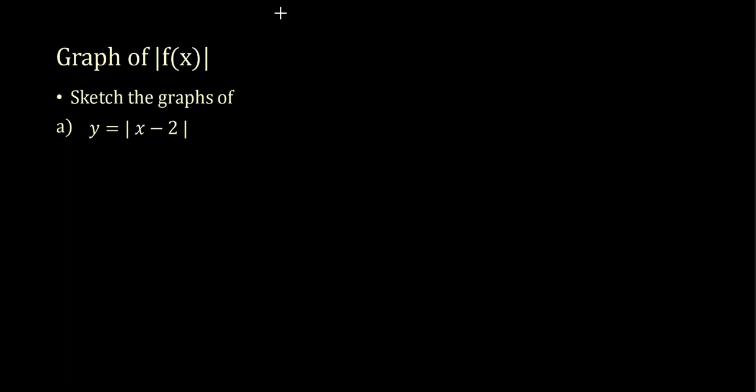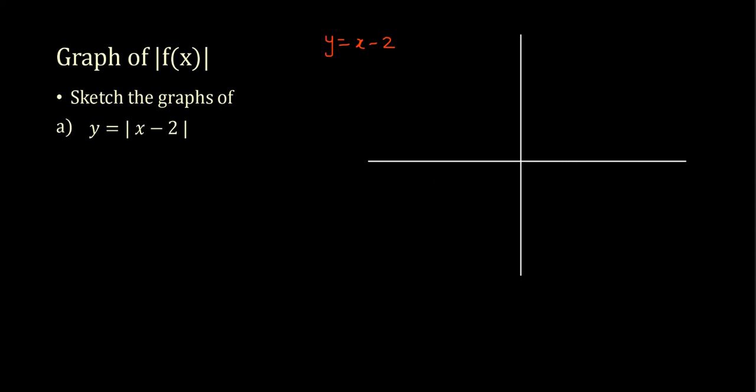So in this function, we have the original function as y is equal to x minus 2. Let us quickly sketch this straight line y equal to x minus 2. Here the slope, the gradient, is +1, and the y-intercept is -2.